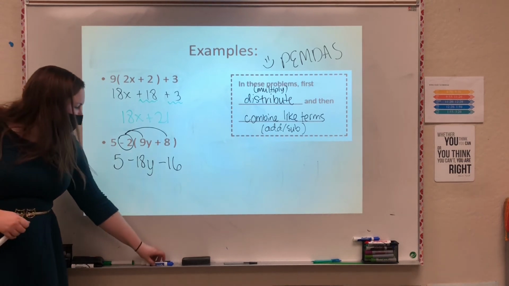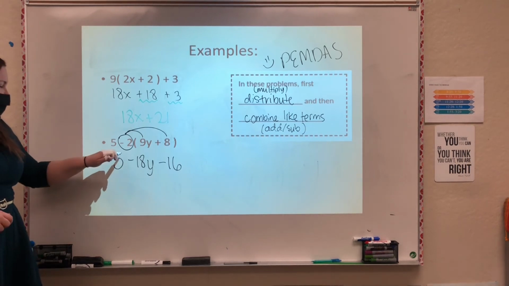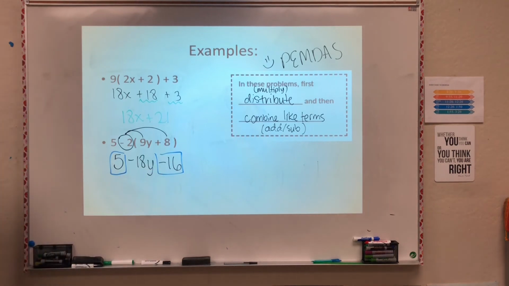You can subtract 16 from 5. Mm-hmm. And I like how you're including that negative sign with it. 5 minus 16. Negative 14. Not 14. I like the negative, but not 14.